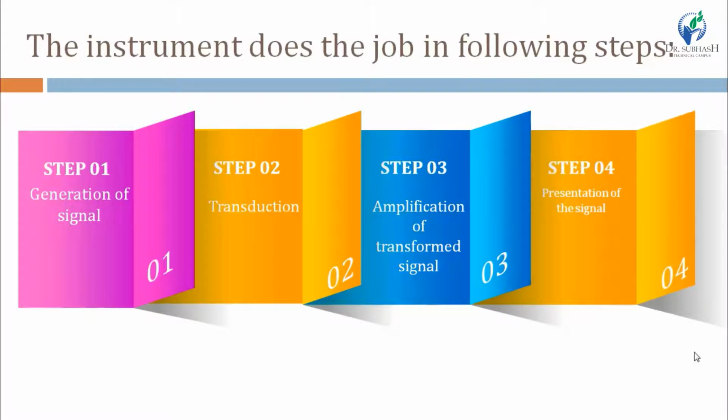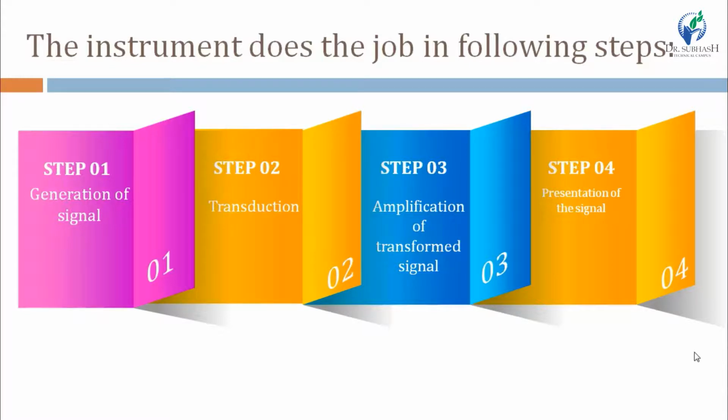The final and last step, step 4, is presentation of the signal. In analysis, the signal is presented in the form of either spectra or chromatogram. In spectroscopy, the signal results in the form of spectra, and in chromatography, in the form of chromatogram, or we can say a angular or linear graph, right?